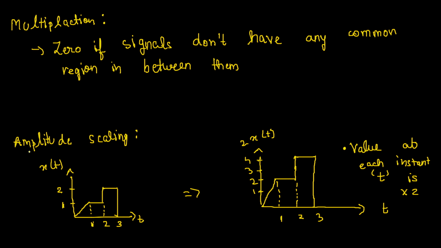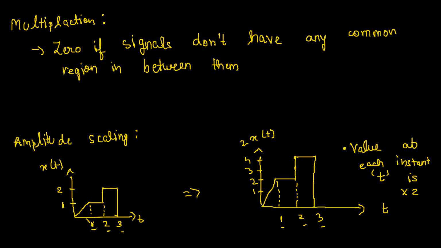The next topic is amplitude scaling. So amplitude scaling is, you have a graph between x of t and t. So what is the graph of 2x of t? We keep all the points on t fixed. It's just every value of x of t is multiplied by 2.